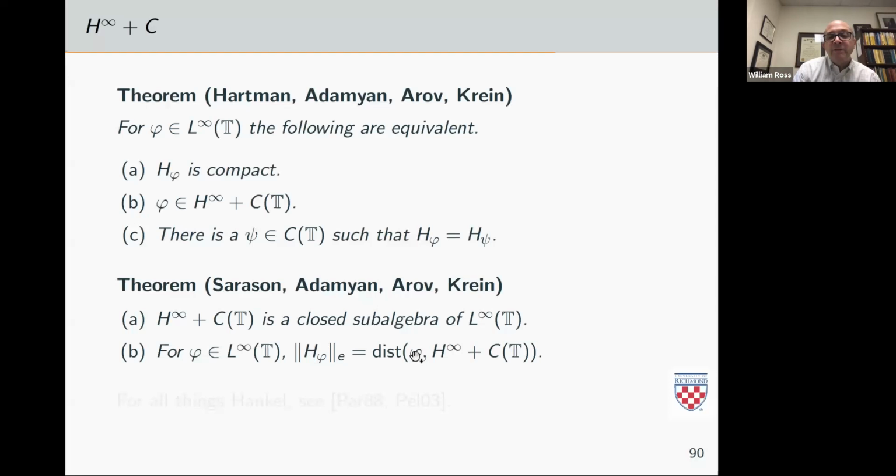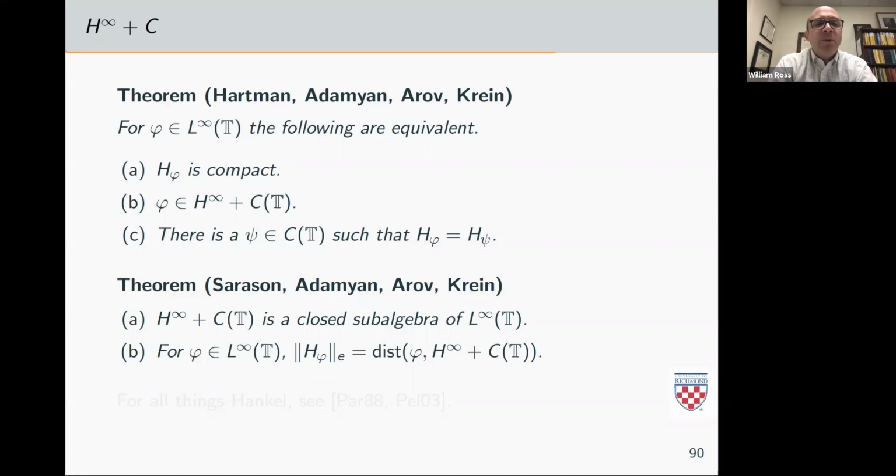So notice that when phi is in H infinity plus C, in other words, the distance is equal to 0, then you go back to part B here, and that will show that H phi is compact, in other words, the essential norm would be 0. All right, so this is a very full picture of the compactness of Hankel operators.